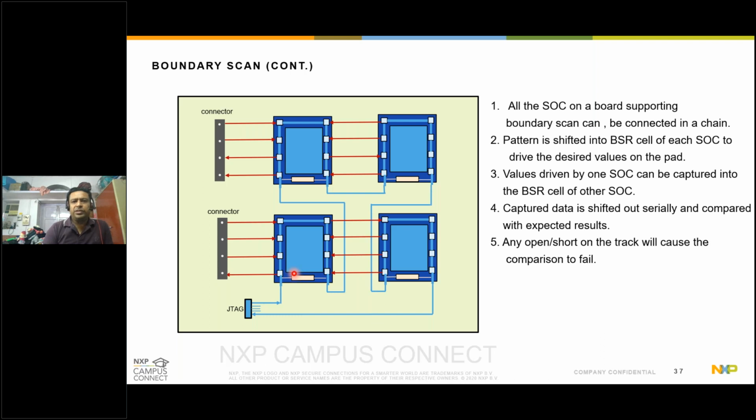So DFT logic will impact your area. For power, when you're operating your chip in DFT mode, there's a different power analysis that you need to do. But generally, when you are operating your chip in functional mode, the DFT logic is turned off. So it will not have any impact on the power consumption when your chip is operational in functional mode.